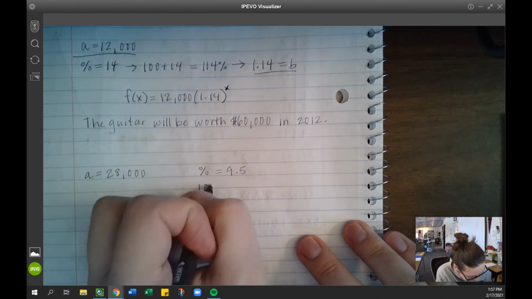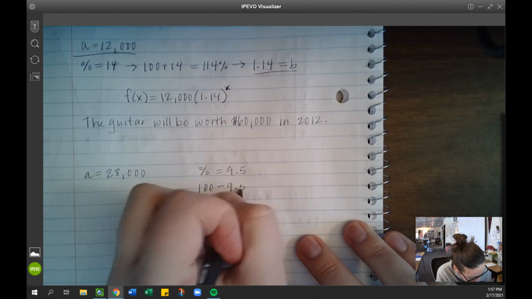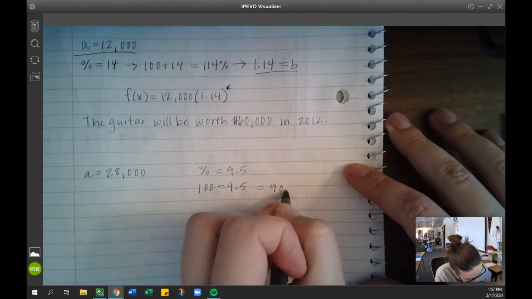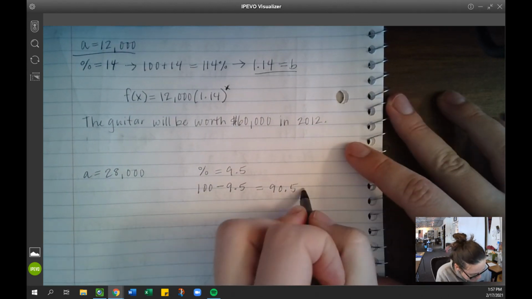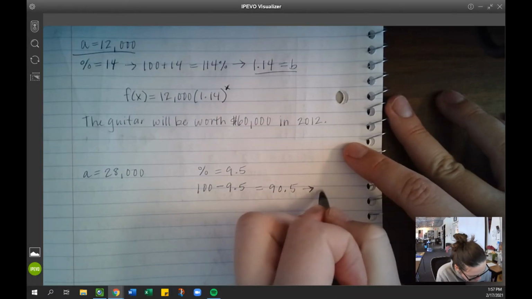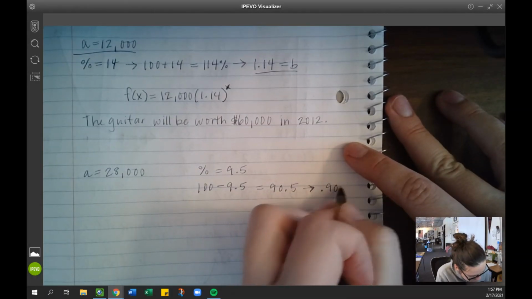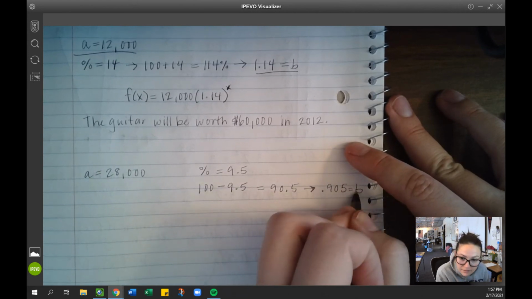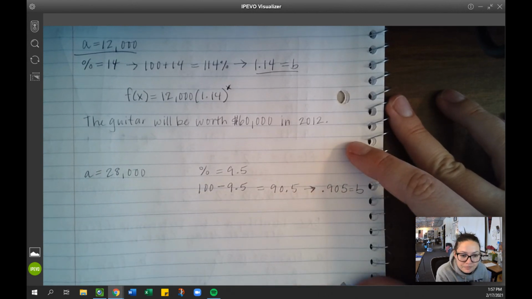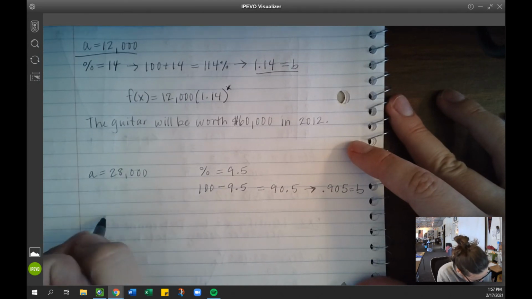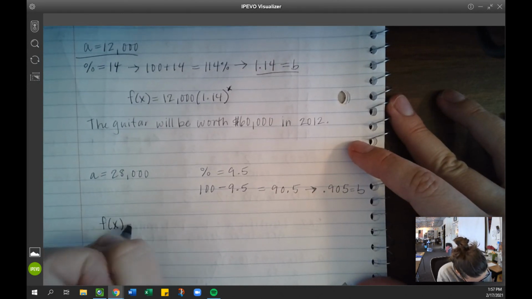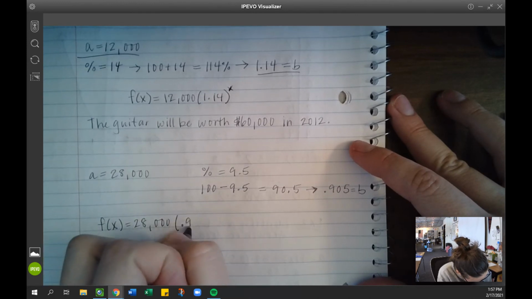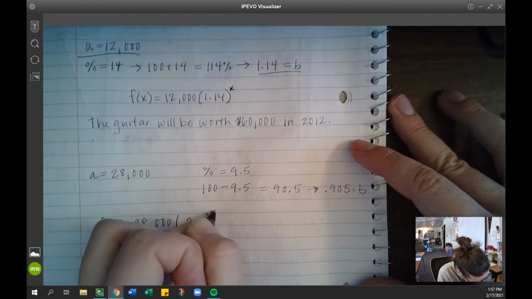So I'm going to do 100 minus 9.5, which is 90.5, which I then turn into a decimal, 0.905. So this is B. My function is 28,000 times 0.905 to the x.